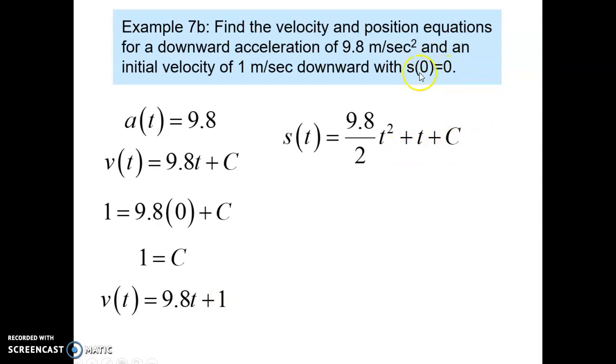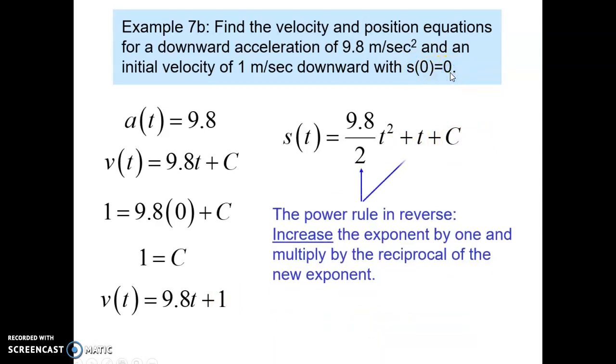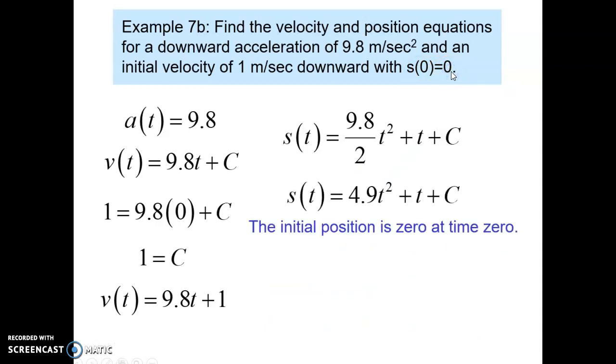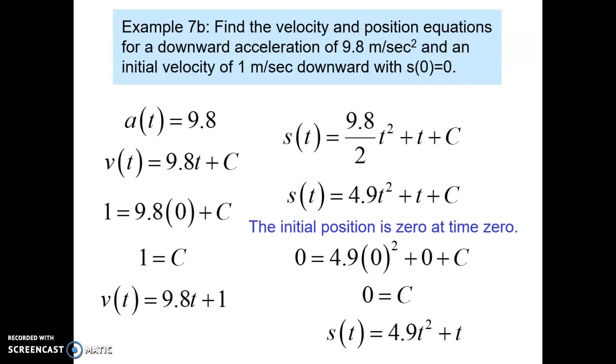But again, here our constant is 0. So putting in 0 for my position and 0 for my time, in this case, my constant is 0. So my position equation is equal to 4.9t squared plus t. I found my position function given the acceleration due to gravity and a little bit of information about the object.